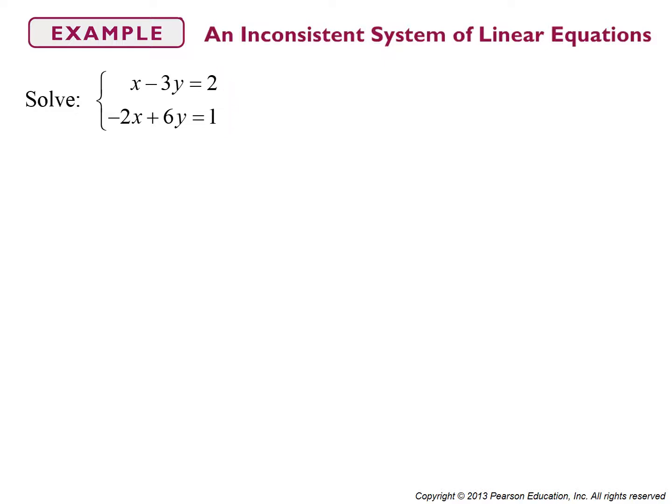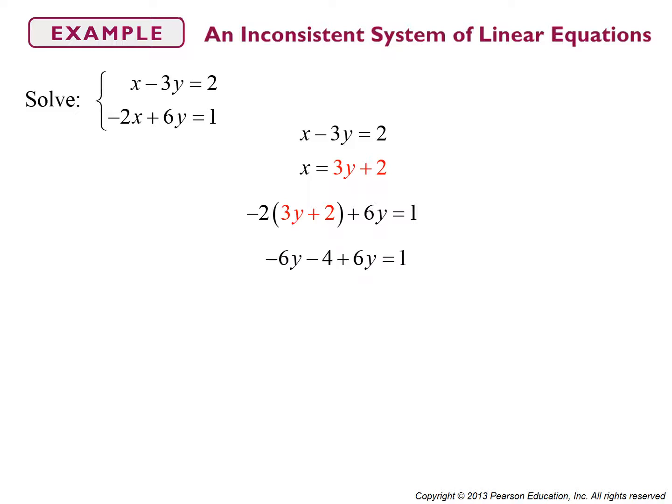I see that once again I have an equation that has a 1 in front of the variable, so I'm going to pick that equation, x minus 3y equals 2, and rearrange it to solve for x by adding 3y to the other side. Now I'm going to take this expression for x and substitute it into the x in the other equation. So that's negative 2 times the quantity 3y plus 2, plus 6y equals 1.